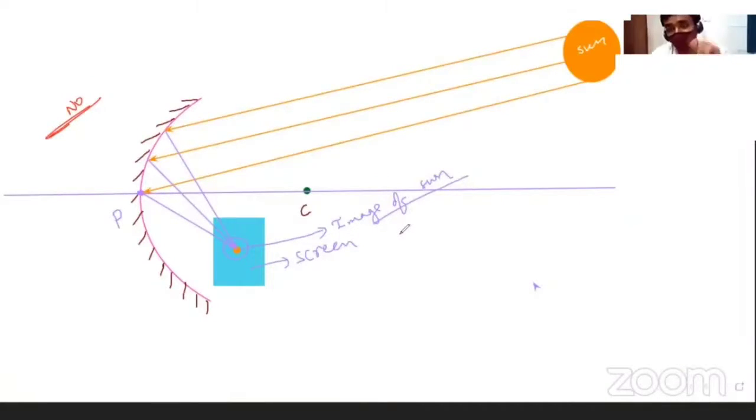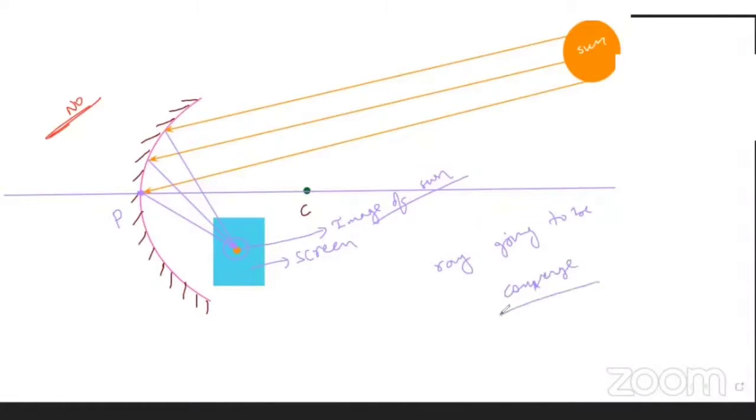How is that image possible? As you learned in 8th class, the rays are going to converge. Converging mirror, sir. Right? So the parallel beam of light rays is converged by this mirror. That's why this mirror is also called a converging mirror.